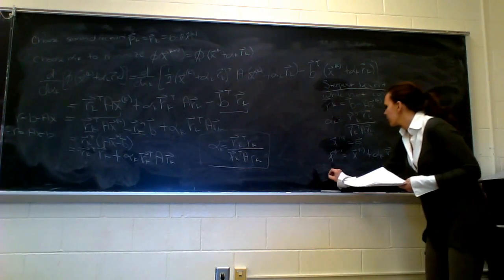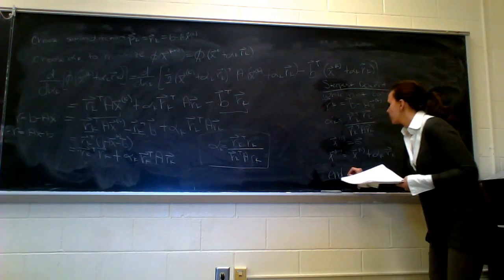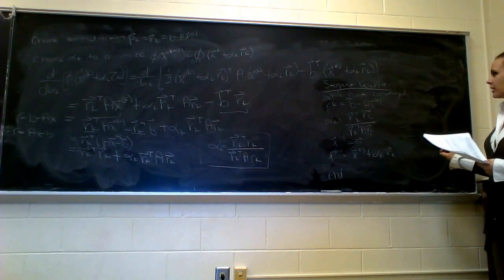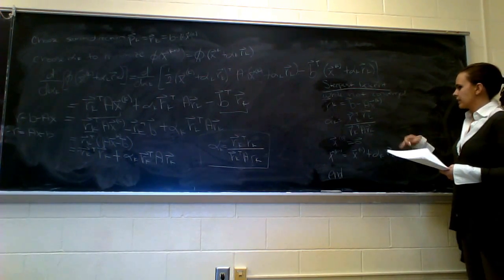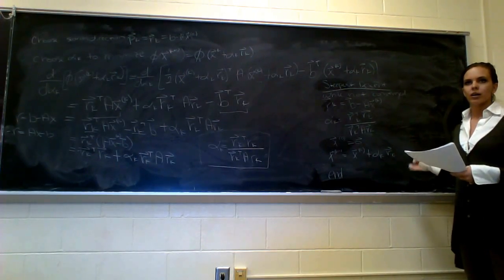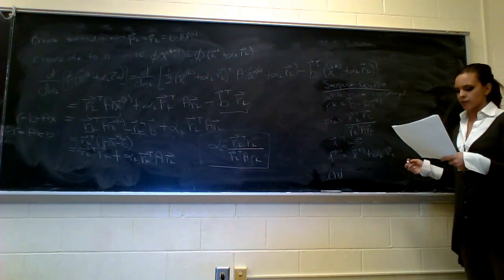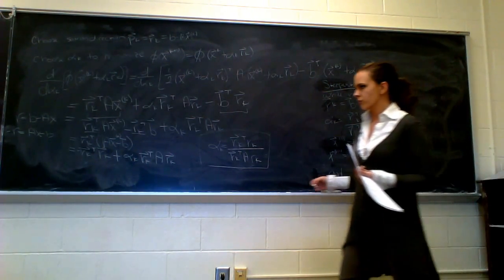That's all you have to do for the method of steepest descent. It calculates these search directions and alphas, then computes and updates each iterate as it goes.